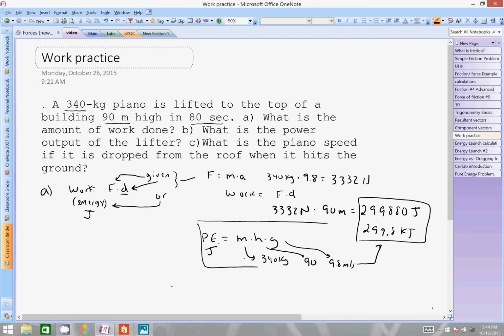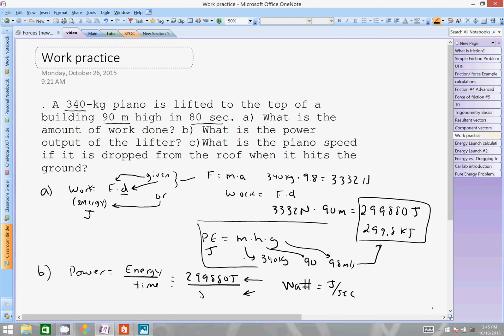B, what's the power output of the lifter? B is simply asking for power. Power, you should be aware, is simply energy per time. This is going to be 299,880 joules per time. A watt, just so you know, is a joule per second, so I want to be in joules and I want to be in seconds.